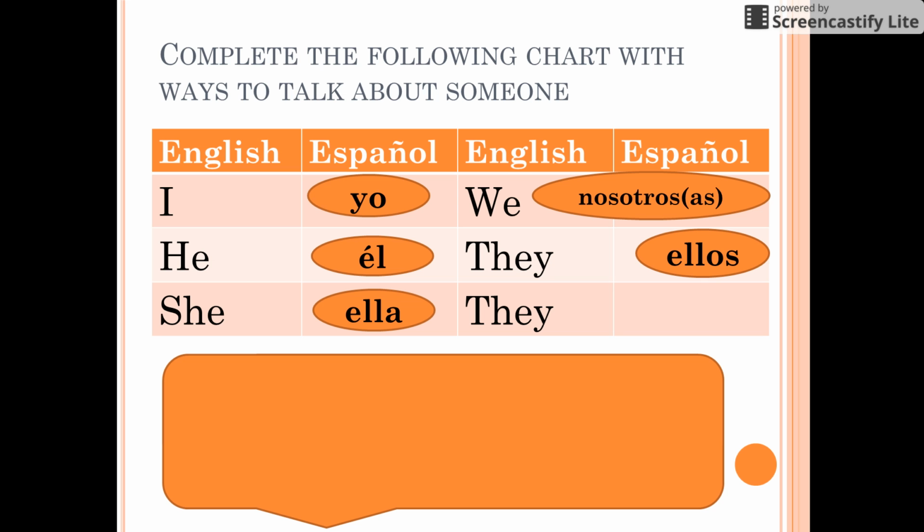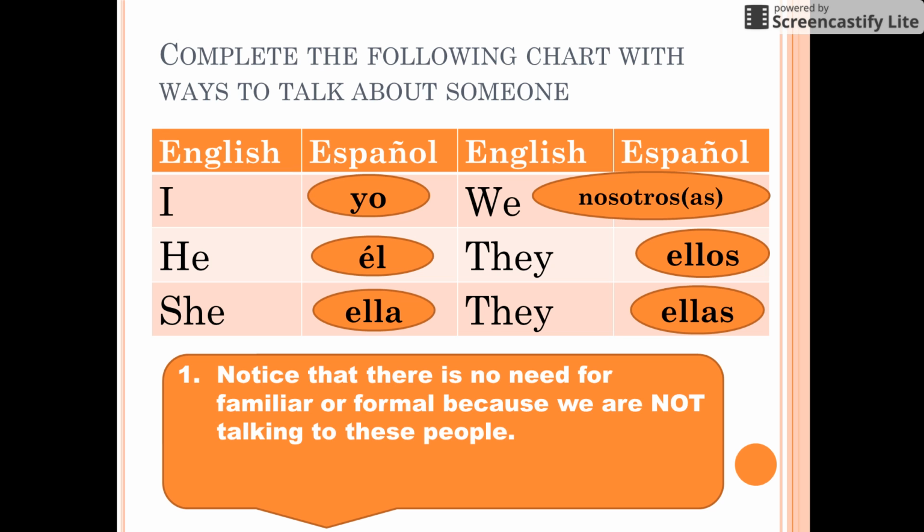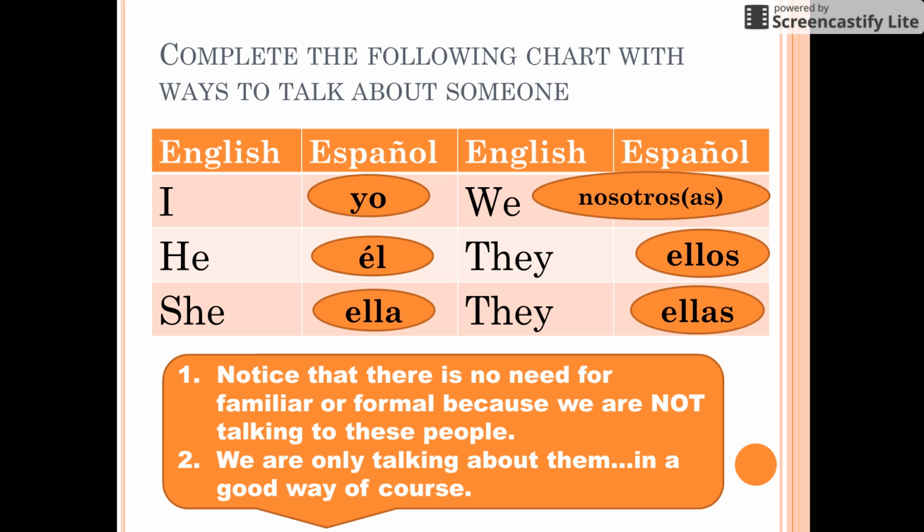How about if I was just talking about 2 or 3, but they were all girls? So like maybe Maria, Paula, Laura, and I wanted to replace their names. What would that be? Excelente if you said ellas. Some other points to remember. Notice that there is no need for familiar or formal here because we are not talking to these people. We're talking about them. Of course, only in a good way.